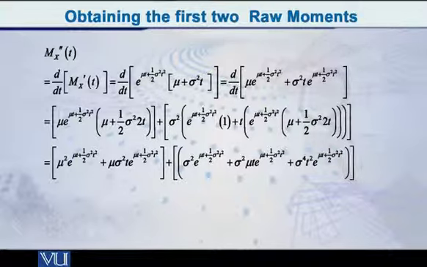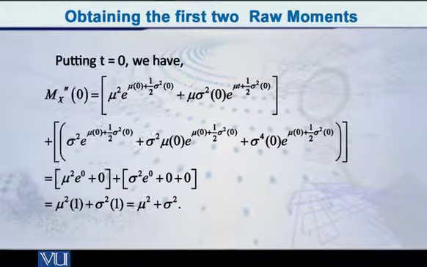So what do we get when we put t equal to 0? We get m double dash 0 is equal to mu square into e raised to mu into 0 plus half sigma square into 0.